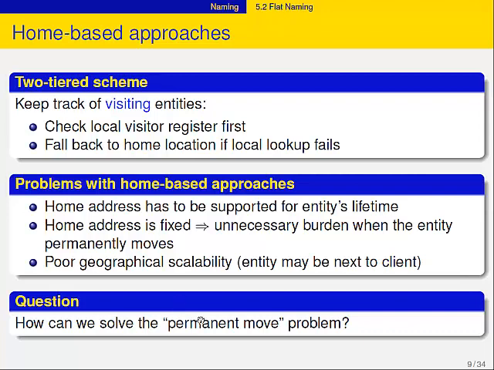How can you solve the permanent move problem? So I permanently moved to South Africa, and you're looking for me. Well, that's a problem, because you have my old address. You've never really contacted me, but I am known by my address. I could say that my address is my identity.